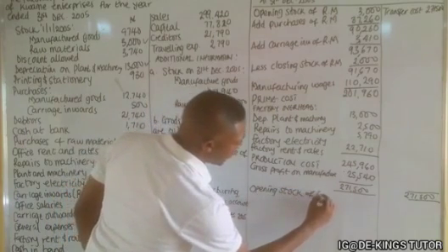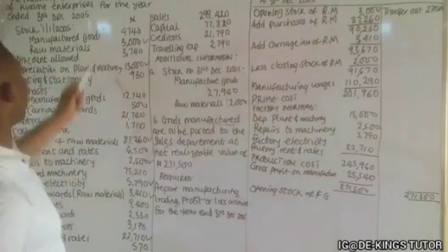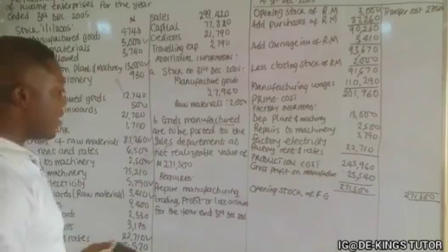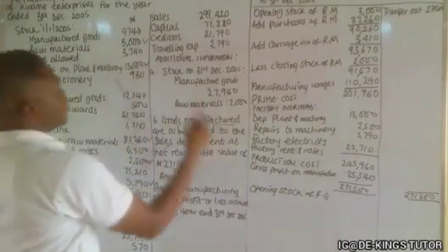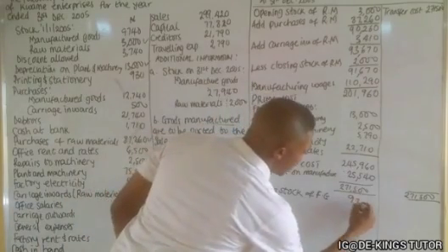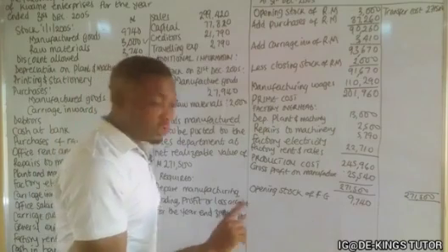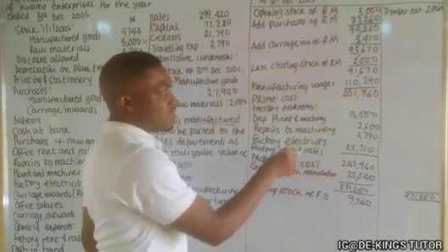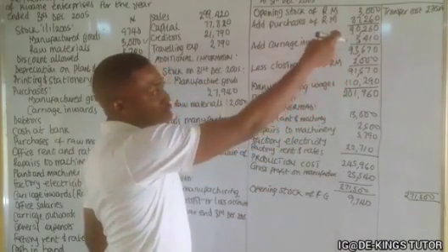So we start with opening stock of finished goods. Now look up, finished goods is the same thing as manufactured goods. So in case you see that in exams, finished goods is the same thing as manufactured goods. So opening stock of finished goods is 9,740. Now remember in the previous also, we're supposed to add cost of production. But since they are valuing it with a higher cost, it becomes our cost.